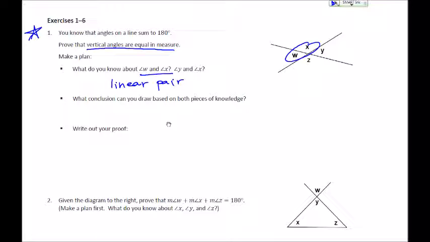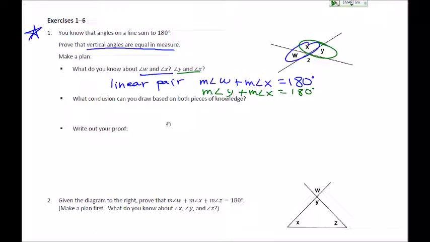And because they're a linear pair, I know that the measure of angle W plus the measure of angle X must equal 180 degrees. What do you know about angles Y and X, these two? Well, these are also a linear pair, and the measure of angle Y plus the measure of angle X equals 180.